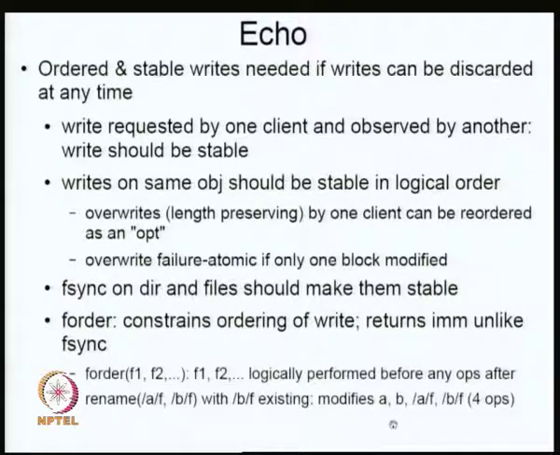Either you can do the following: you keep track of the way it is happening. In case I crash, when I come back up again, I remember where exactly I was and I redo the rest of the thing that didn't complete. That's one model which is typically followed by file systems. Or I can say that I do some things and then when the machine crashes, I undo whatever I have done so far.